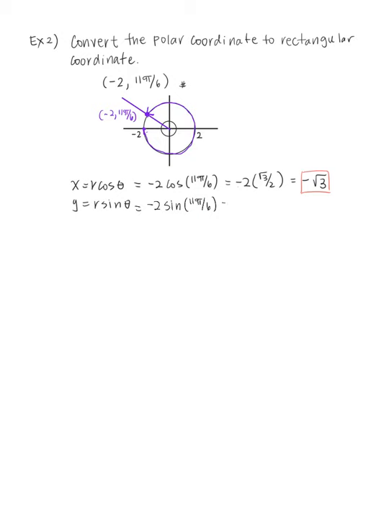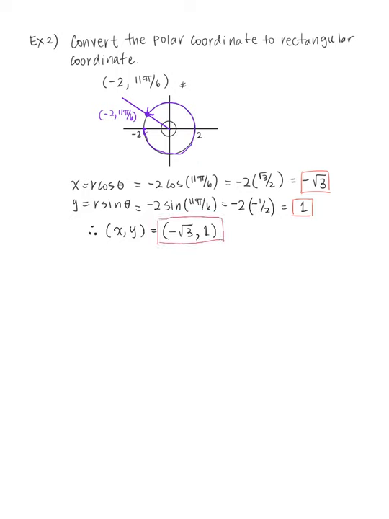In any case, this is going to be negative 2 times negative 1/2, which is going to give us just positive 1. So therefore, our rectangular coordinate is going to be negative square root of 3, comma 1. This is what the question's asking you to find.